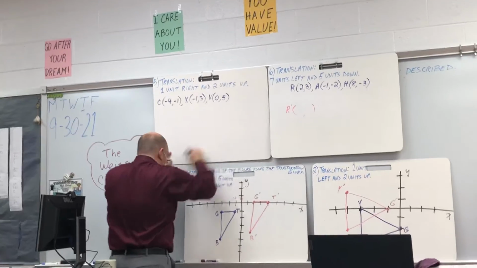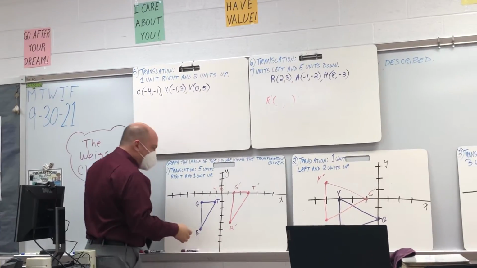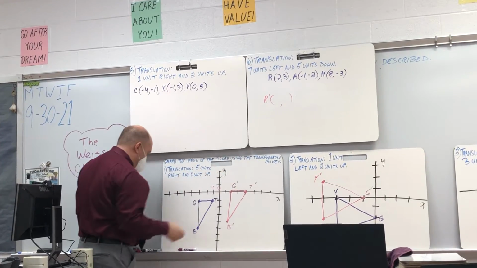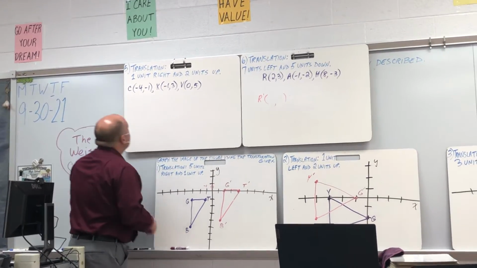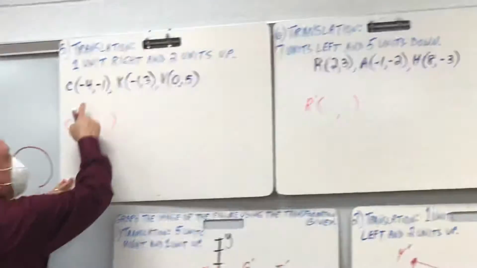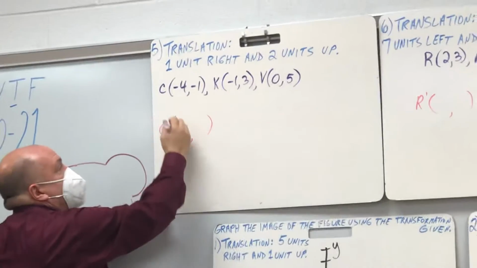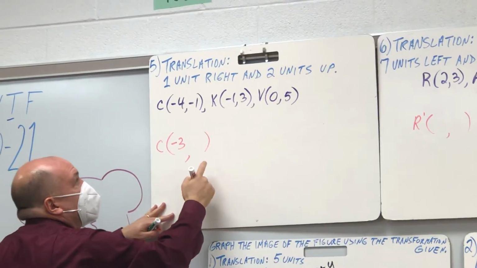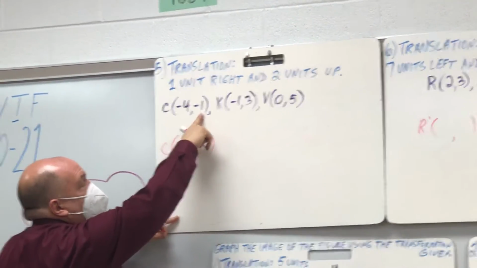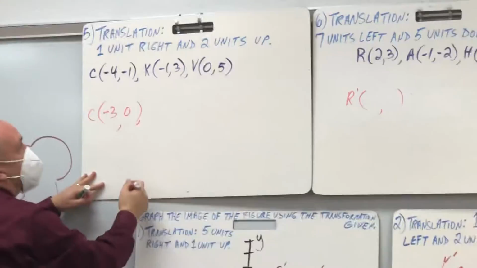But left and right is the x-axis, right? These first four were correct. But C prime, left and right, is the x. So 1 unit right from -4 is going to be -3, right? But up and down is the y-axis. This will be 0. Okay?